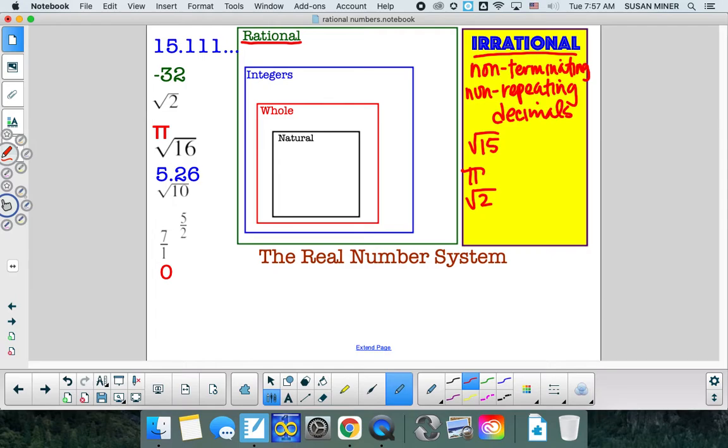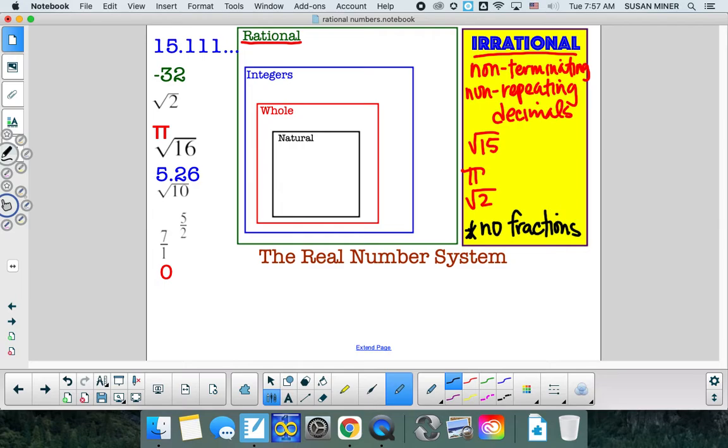Any number that when I calculate it comes out as a non-terminating, non-repeating decimal. And remember, the key here is it cannot be expressed as a fraction. No fractions. I can't make fractions out of these numbers. They're decimals that I can't turn into a fraction.